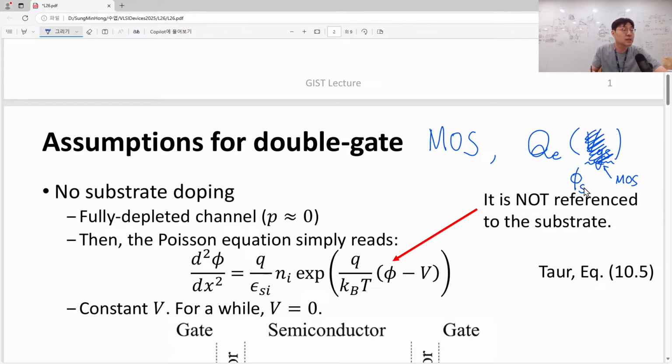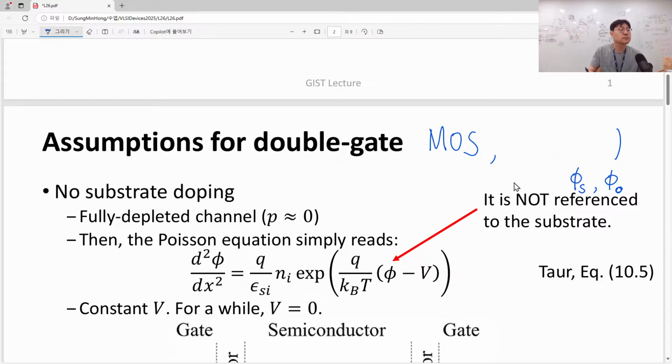You will see that in the case of our double gate MOSFET, the inversion charge density is not a sole function of surface potential, but we also need information about another point at the midpoint. Anyway, I will try to deliver this discussion in today's lecture, lecture 26.